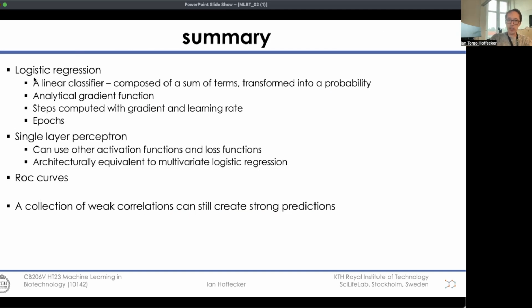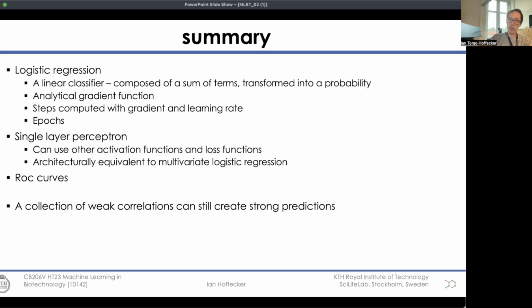To summarize here, we have logistic regression. So again, this is a linear classifier. We started from this logit term that looks very much like the linear regression. So this summation of features, weights multiplied by their input X values, but then we're transforming this into a probability using the sigmoid function. So mapping these logit values onto a range 0 to 1, and that probability is telling us the probability of the result being a 0 or a 1.